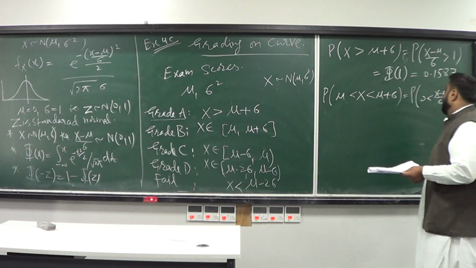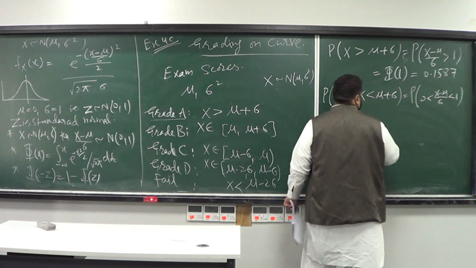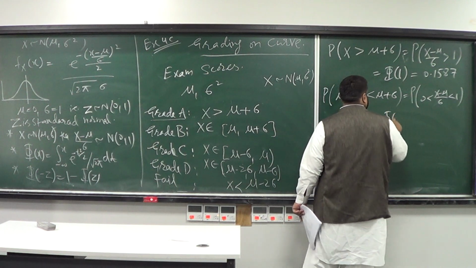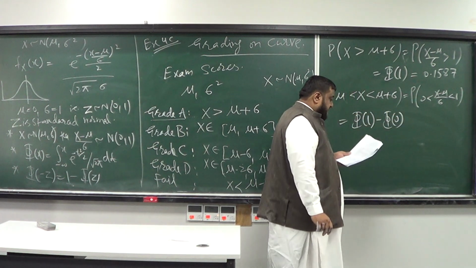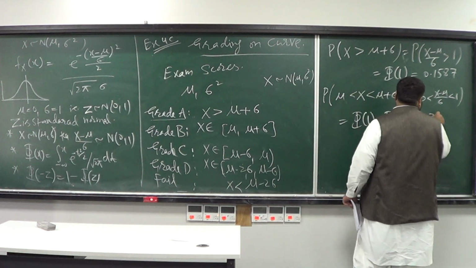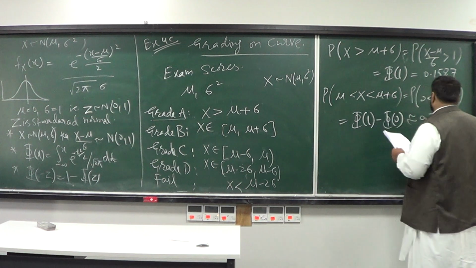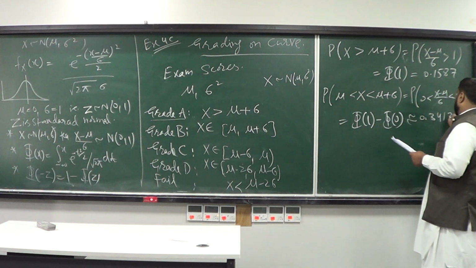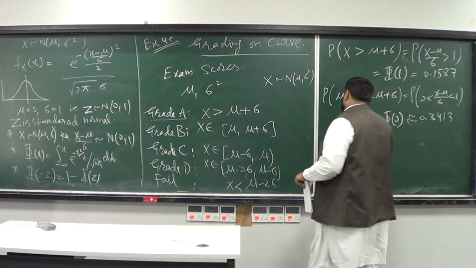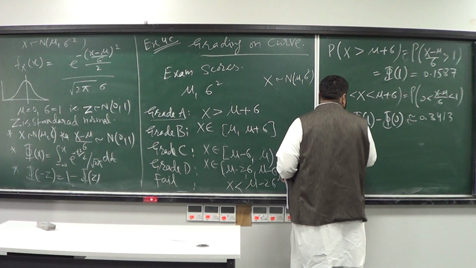This probability can be computed as phi of 1 minus phi of 0, and this can be approximated by 0.3413. So around 34% of students, there is a 34% chance that a random student would get grade B. Similarly, we can compute all other possibilities.